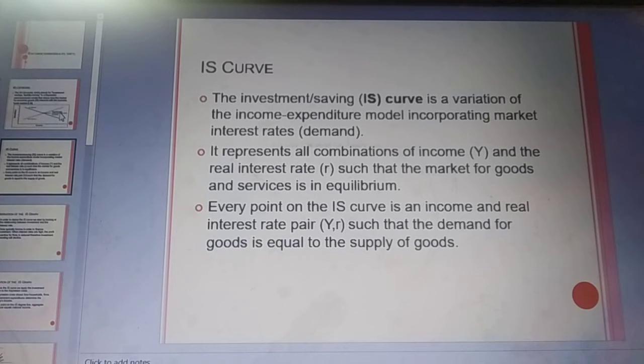Every point on the IS curve is an income and real interest rate combination. It shows the effect of the interest rate on investment and on the income of the people. That means when there is a fluctuation in the interest rates, how will it affect the income of the people in the goods market?